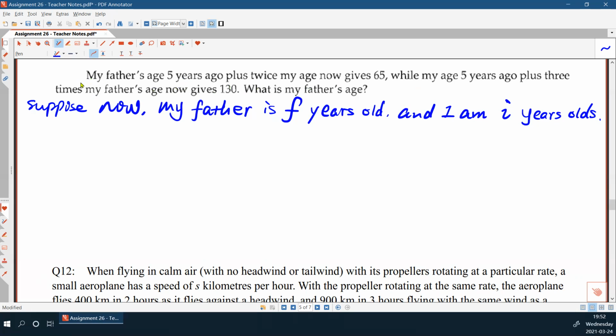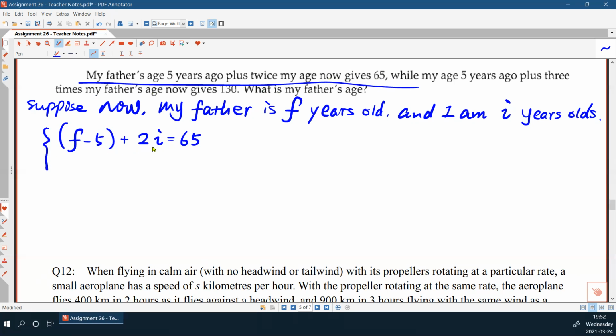First piece of information: 5 years ago, my father's age plus twice my age now gives 65. So 5 years ago, my father was F minus 5 years old, right? That value plus twice my age now, that means twice I, equals 65, correct?